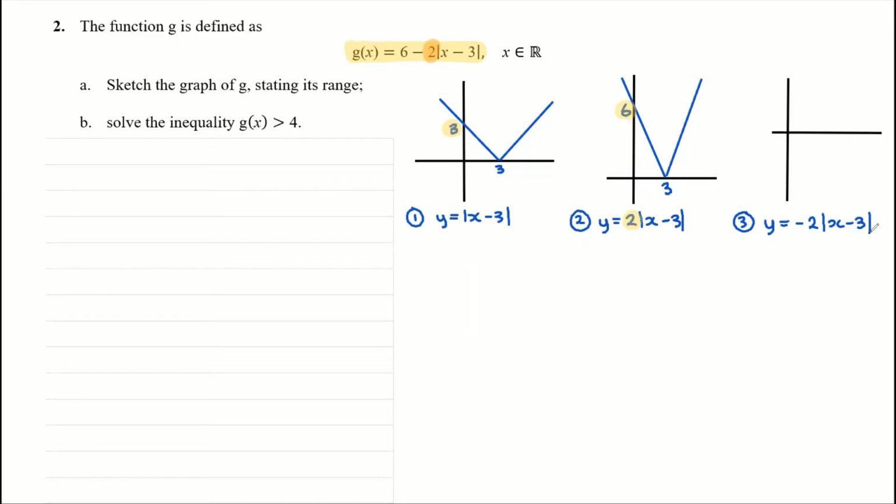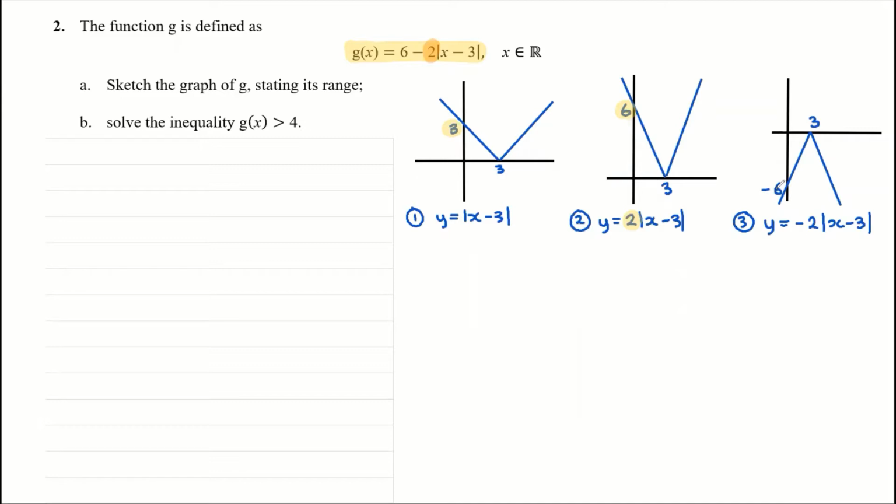But in step 3, everything is going to become negative. So if I add that to this sketch now, it's going to be something like this. Notice the x-intercept is still not affected. Okay, it's still at 3, but now we have a y-intercept at -6.